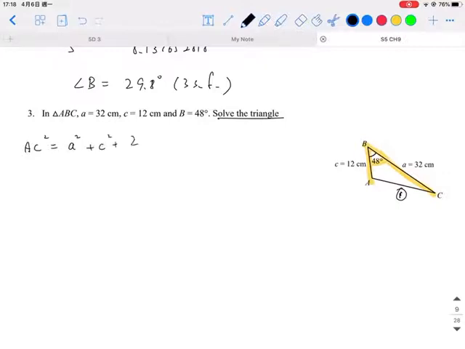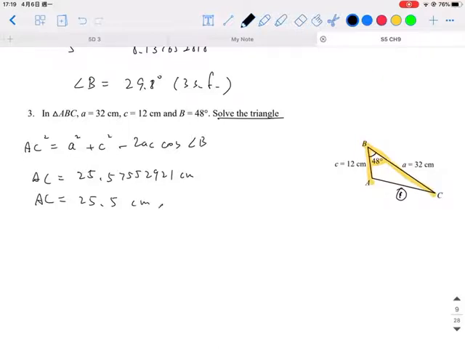Just apply the formula once again and again. With cosine angle B, you will get this by calculator. So in 3 significant figures, it is 25.6 cm.